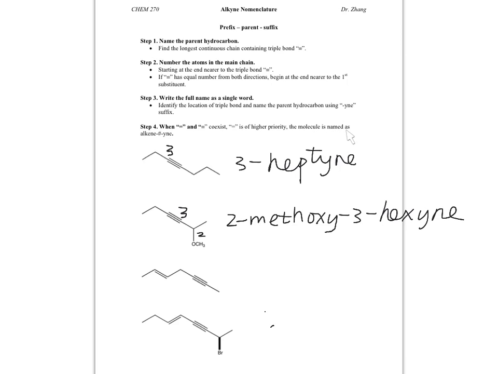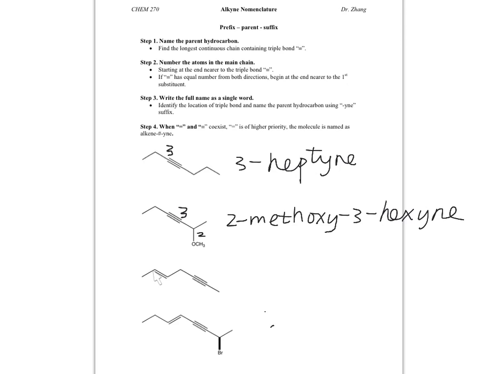To be specific, we need to identify where the double bond is at, followed by the name of the overall molecule as the corresponding alkene, followed by where the triple bond is at, and describing the functional group as YNE.